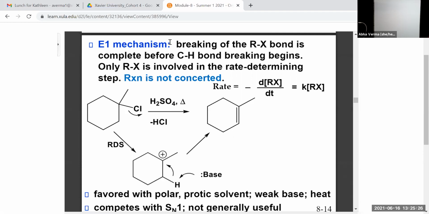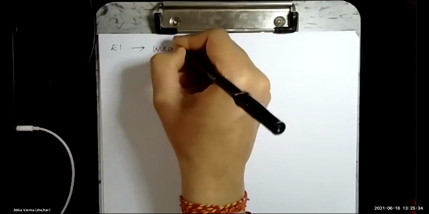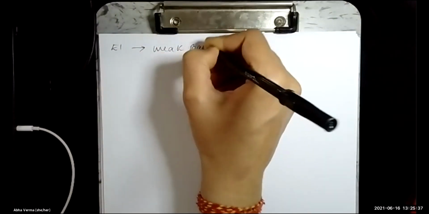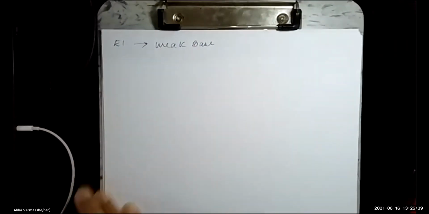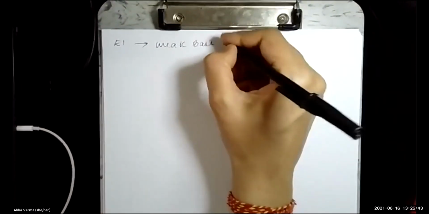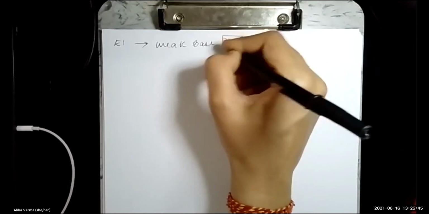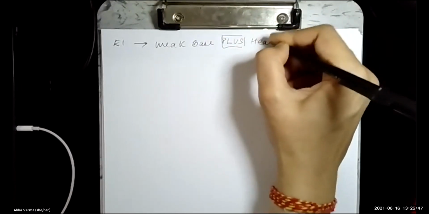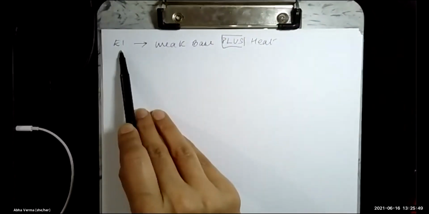So whenever we have the E1, it likes a weak base. Whenever you are doing eliminations and you do not have a strong base, you have a weak base plus heat, then you will have E1.